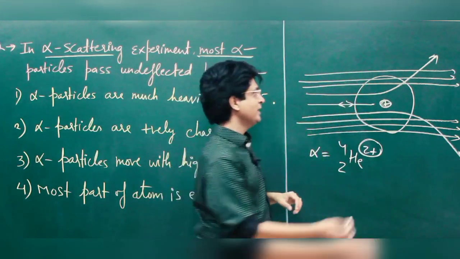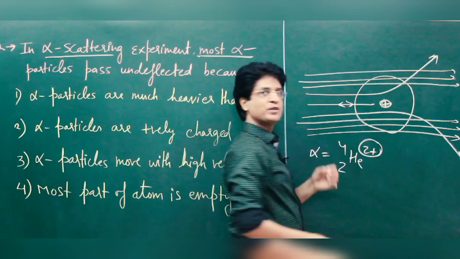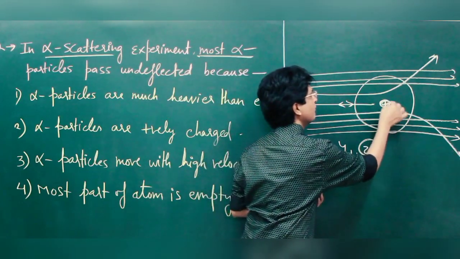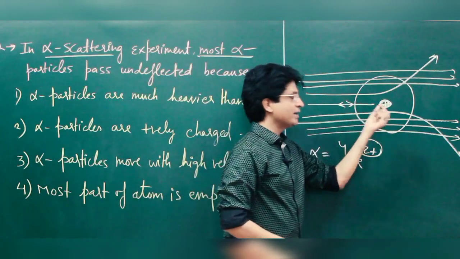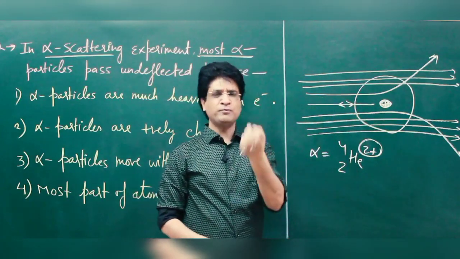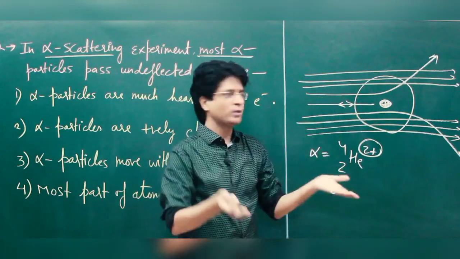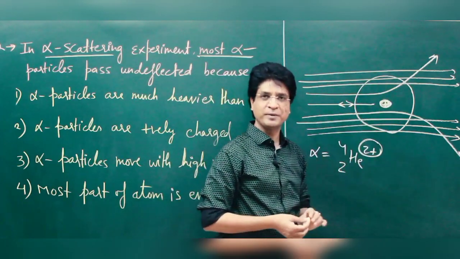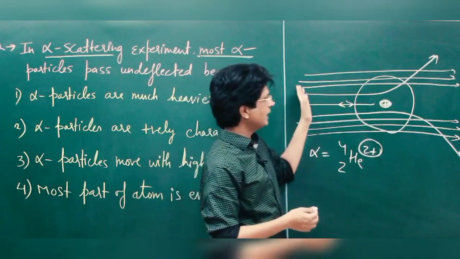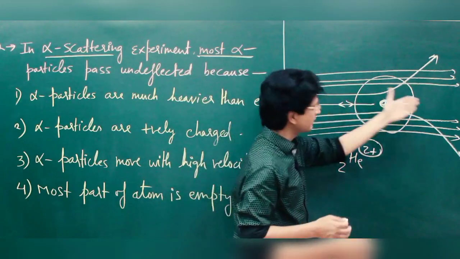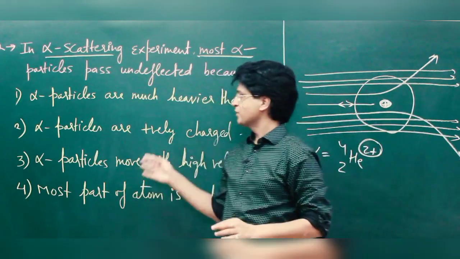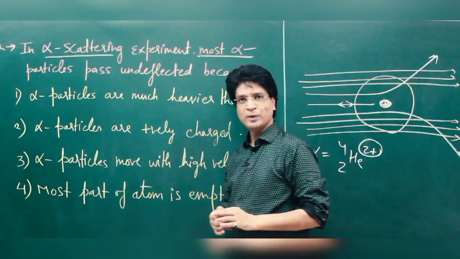But we know that since positively charged species are located only in a very small space called the nucleus, and that nucleus is hardly 1% of the entire atom, most of the alpha particles do not get the chance of moving near the nucleus. So that is correct, but not the right answer.